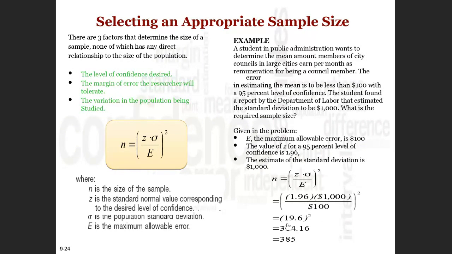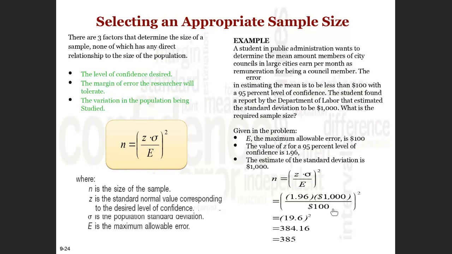We end up with, and again, it's the same number, 19.6 squared is 384.16, and they round it off to 385. Well, I'm not going to give them full marks for that because it should be 384, or maybe 385 sounds good. Are there any questions about doing this, finding the appropriate sample size?